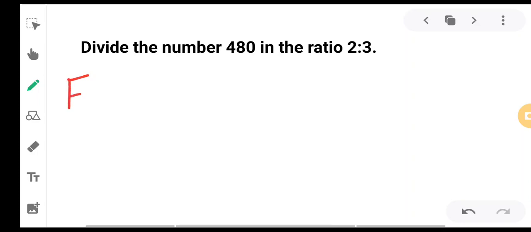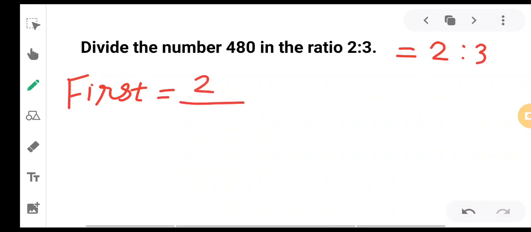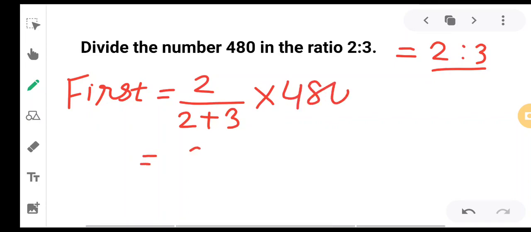First you can see that the first part of the ratio is 2 and the second part is 3. So for the first part we divide 2 by 2 plus 3, that is the total, and multiply by 480. So 2 plus 3 is 5, and we multiply by 480.